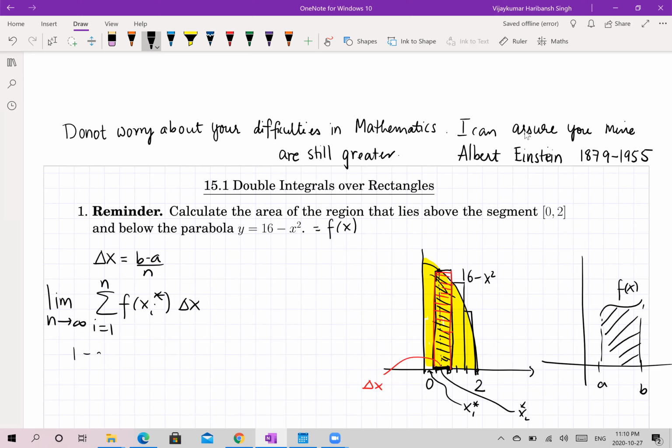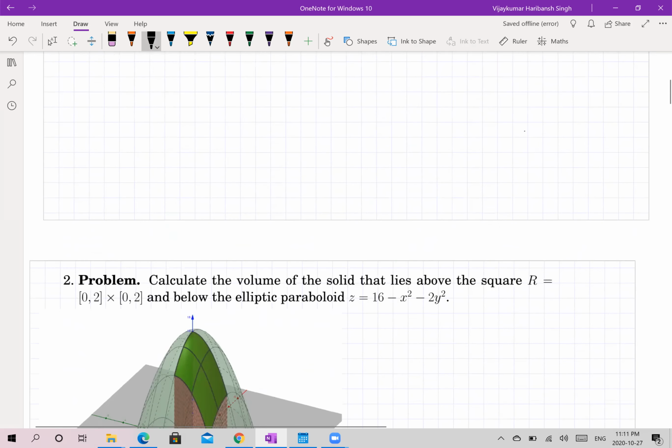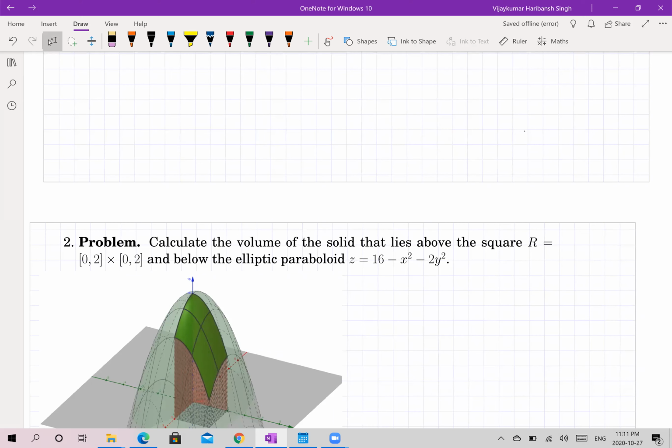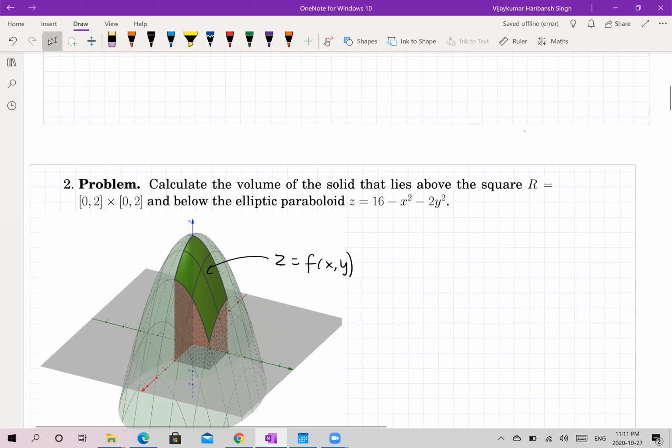Now we want to generalize the same scenario to a function of two variables. Essentially, the idea remains the same. However, here we have z equals f of x, y. Our domain is 0, 2 cross 0, 2.